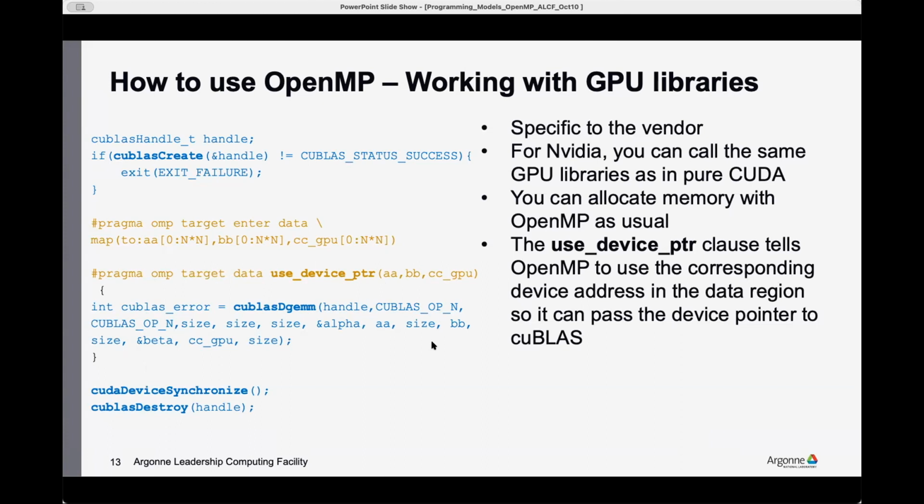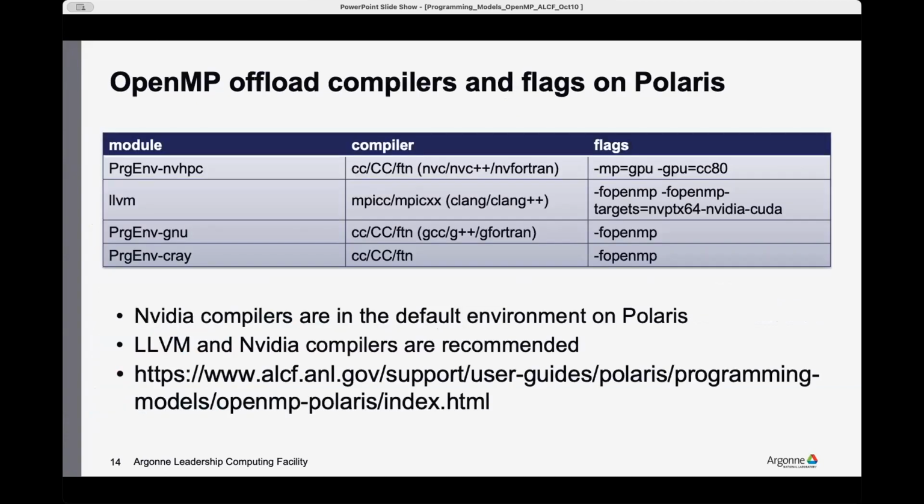And then you can call cuBLAS like you would with pure CUDA code, and then cuda device synchronize and destroy. We can talk more about this at the hands-on, but I wanted to give a clear example that with OpenMP offload, you can still take advantage of vendor math libraries and other GPU libraries.